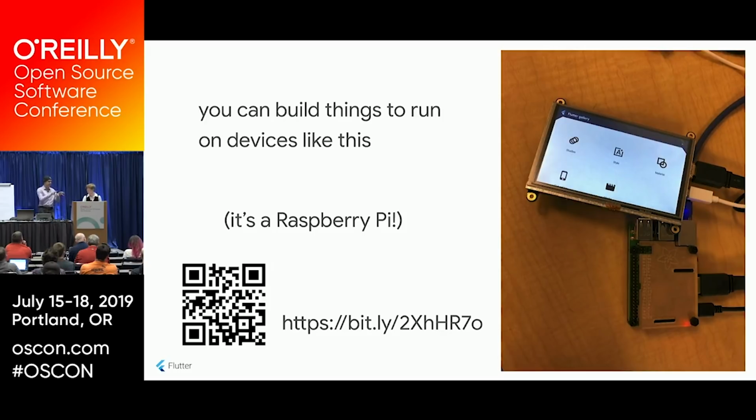But the cool thing about what you see here is that this isn't a UI running in X Windows or any sort of window management system. This is actually being generated by Flutter directly using the graphics chipset on board. So it's another way to write great-looking controls for your IoT type things that you make.